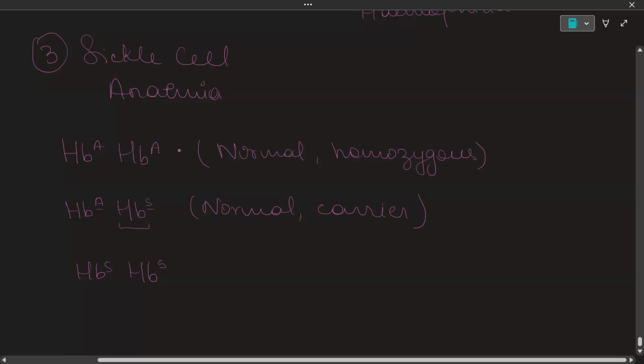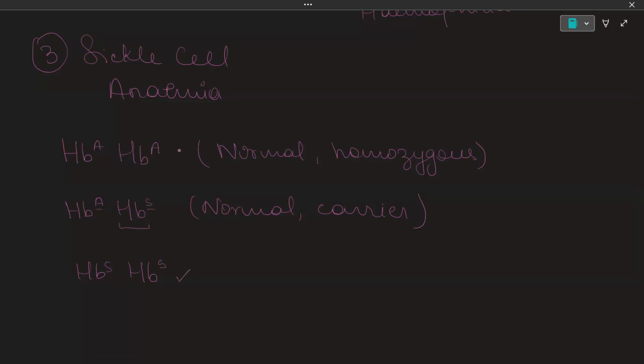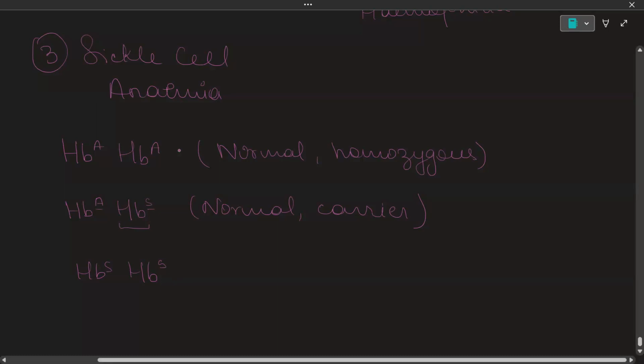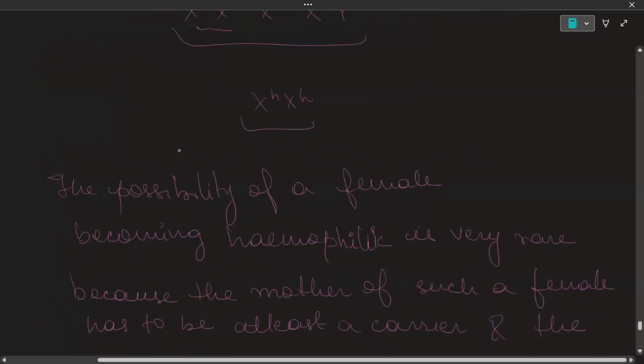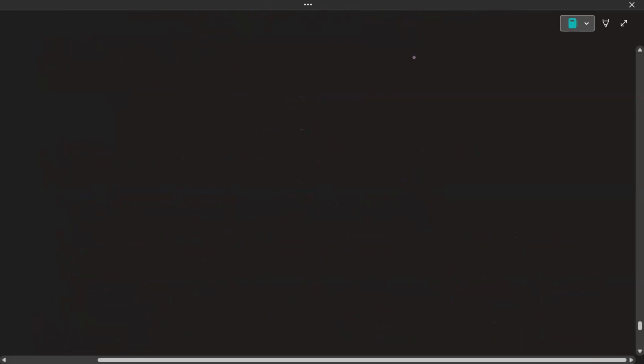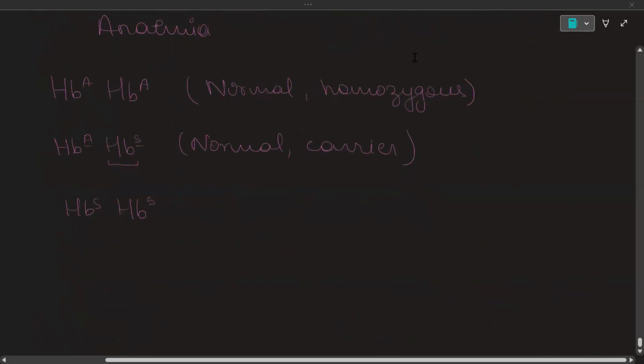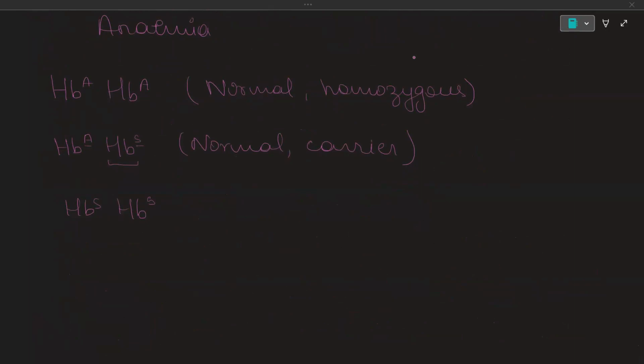Since it is recessive, it can be shown only in the homozygous recessive form, right? Also, since it is autosomal, unlike here where we were dealing with diseases on the X chromosome, we are dealing with HB, hemoglobin, which is not a sex chromosome. It is the chromosome for blood, a body cell. So that is how it is an autosomal recessive disorder.